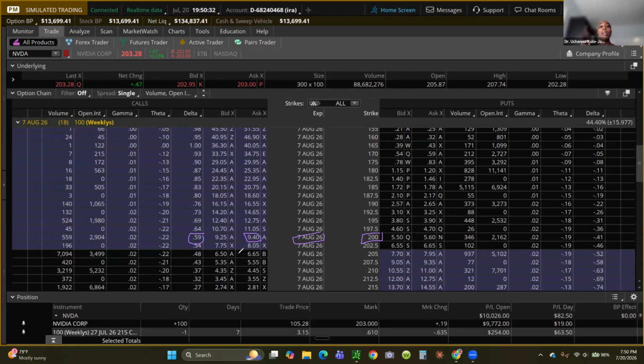That means there's a 59% chance of this option remaining in the money in the next 18 days. I'm expecting a $16 move in the next 18 days. Do I love it? The open interest is 2,904. We can do the math, but I can tell you right now, 925 over 940 is going to be less than 10%. So let's also check for earnings.